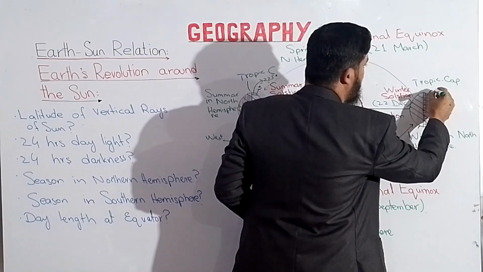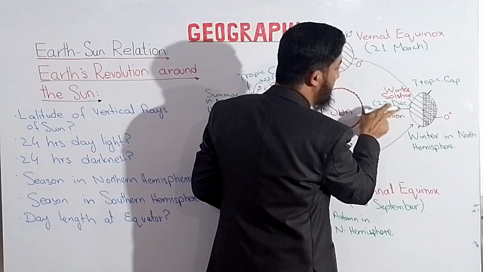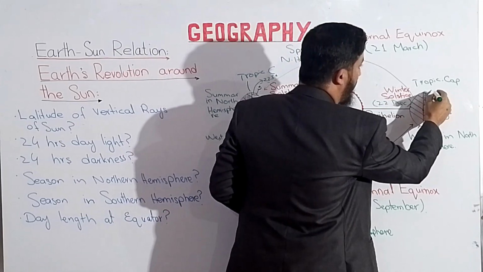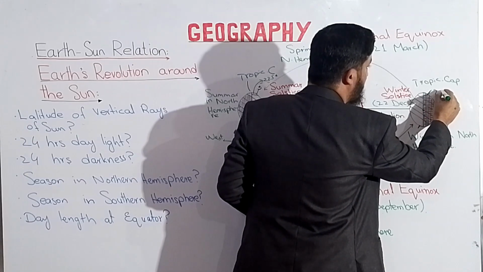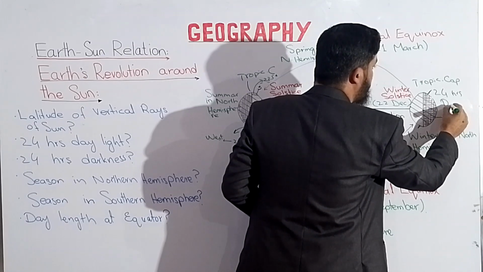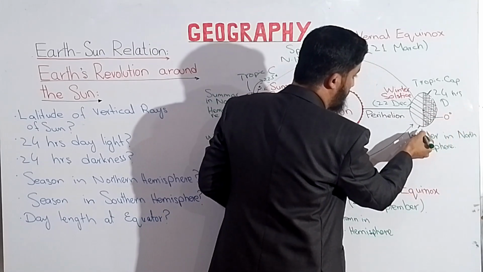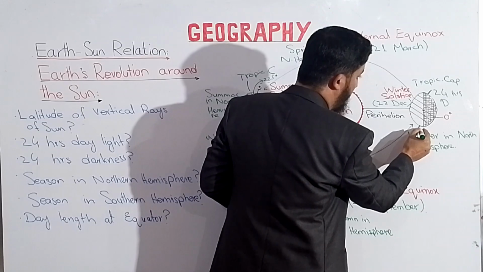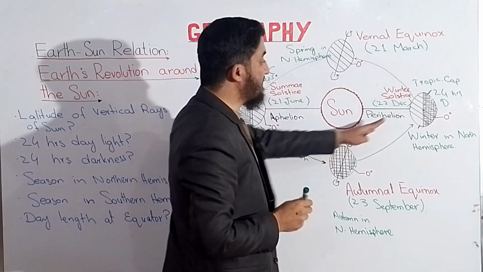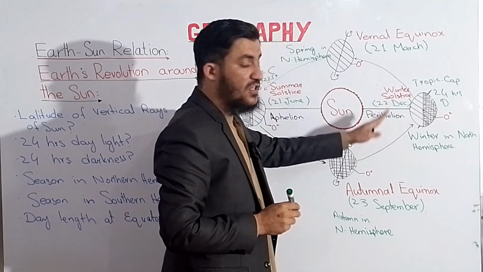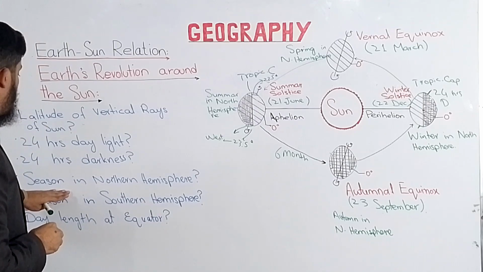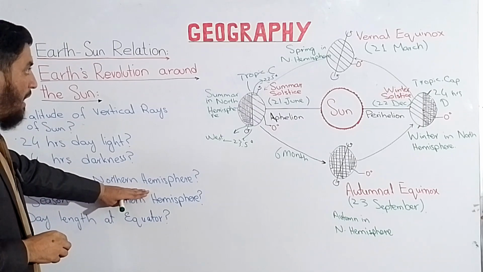So we can say that throughout the winter at the north pole of the earth there always remains darkness, 24 hours darkness, ठीक है. और इसका जो साउथ पोल है, तो यहां पर हमेशा 24 आवर्स लाइट रहेगी, इसलिए ये ड्यूरेशन occurs and remains for the duration of 6 months.